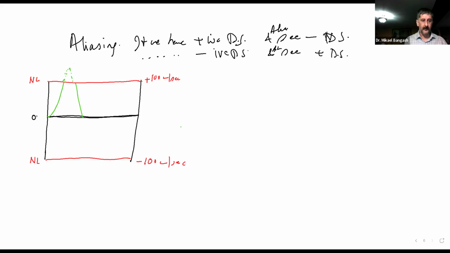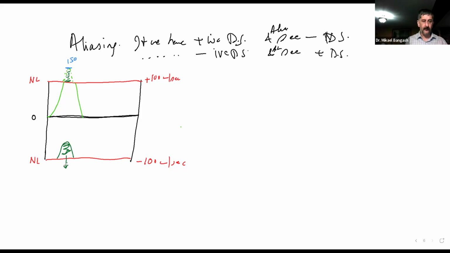Let's say it was all the way up to 150. That will cause this portion of our graph to appear down here.